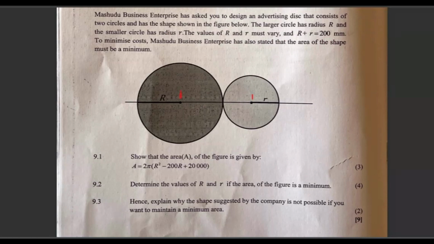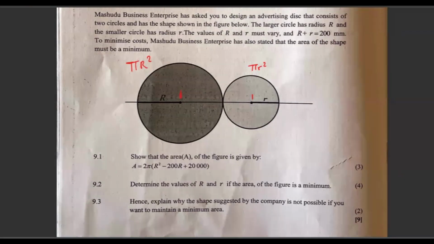Okay, let's see. We know that the area of the bigger circle is going to be pi R squared. The area of the smaller circle is going to be pi r squared. If we add the 2, then we have the area of the shape. Now, how does it get to that? So remember, we are adding.